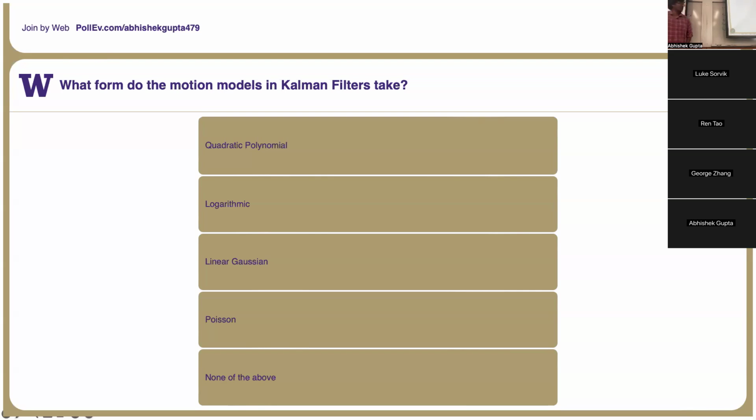Give me 20 seconds. Right, last 5 seconds. Cool. All right, so the answer here is linear Gaussian, and we're going to recap that in a second.